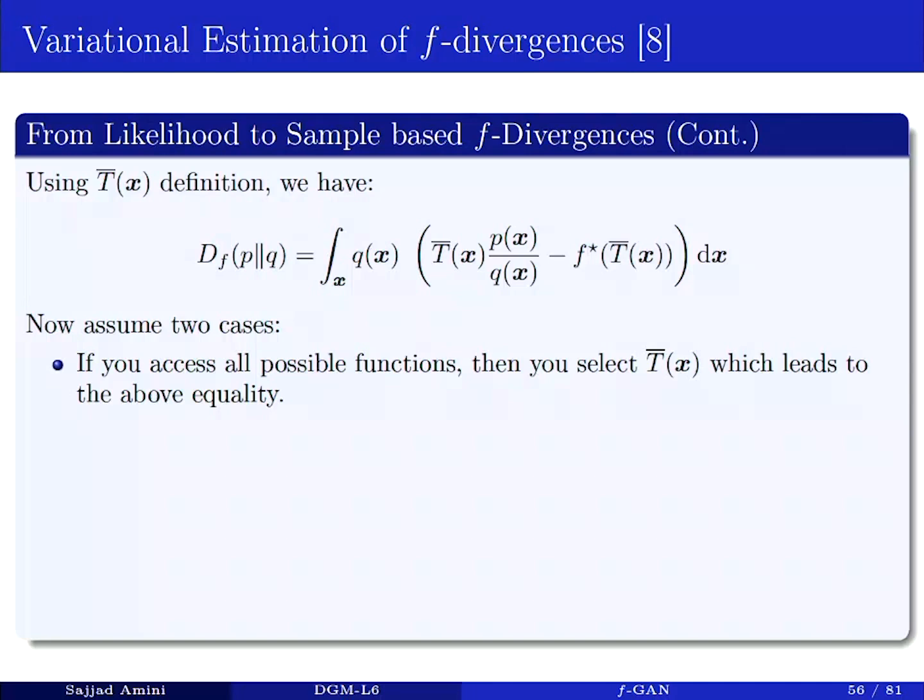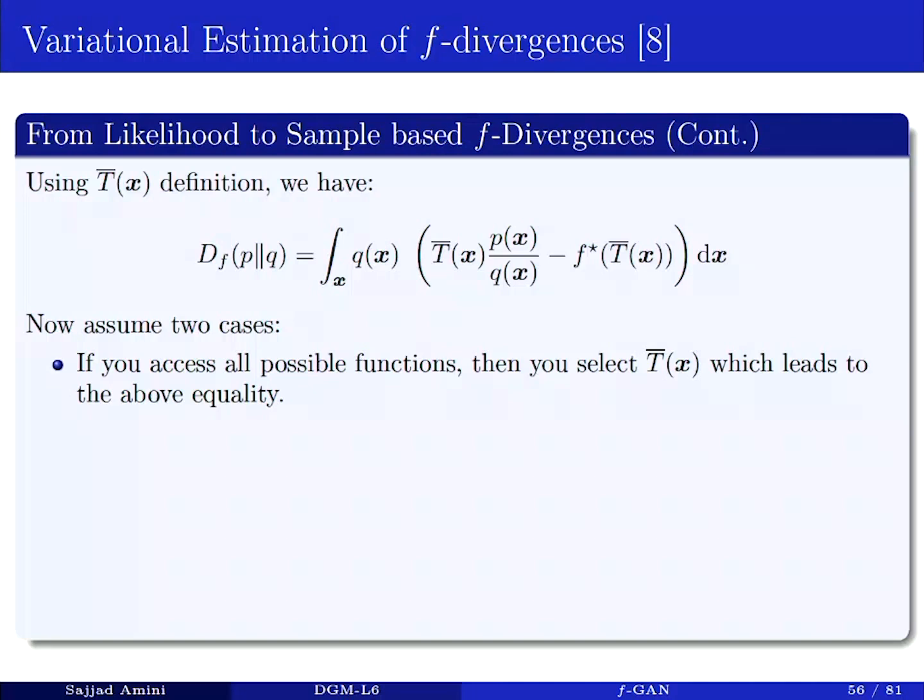Sometimes using f the optimization cannot be solved, but using f star you can solve the problem. If there is a course on convex optimization, then in that course they may talk about how f star can be used efficiently in optimization problems. It has a very great and important role in optimization.